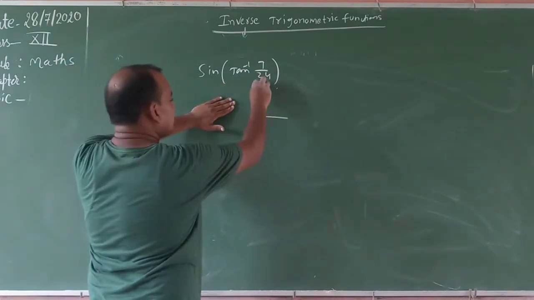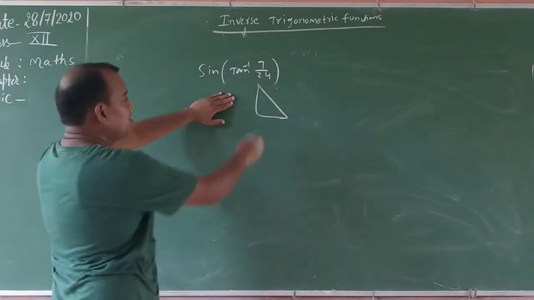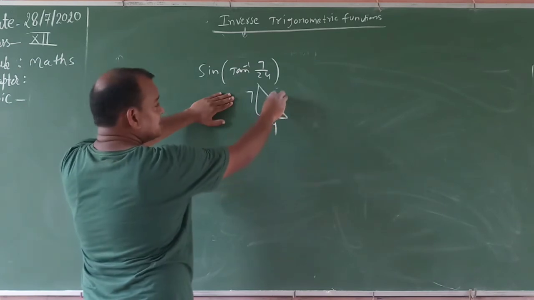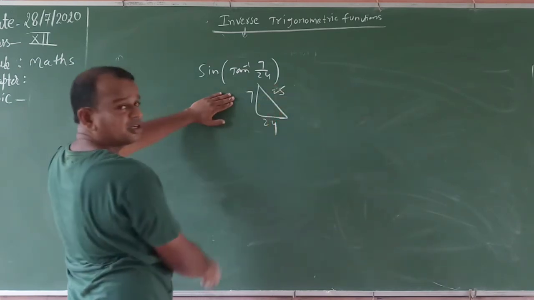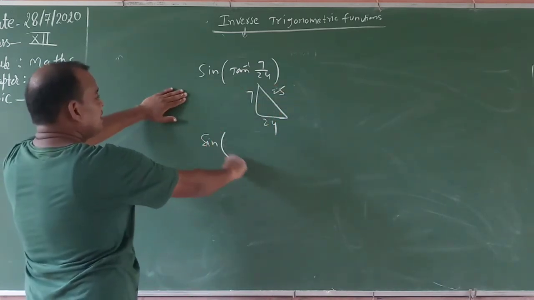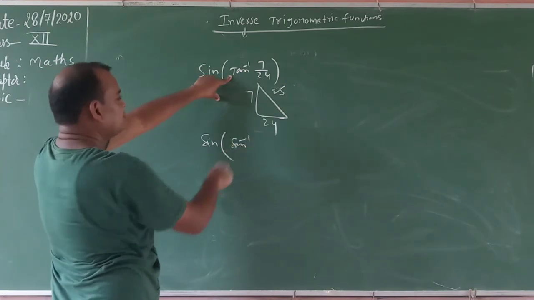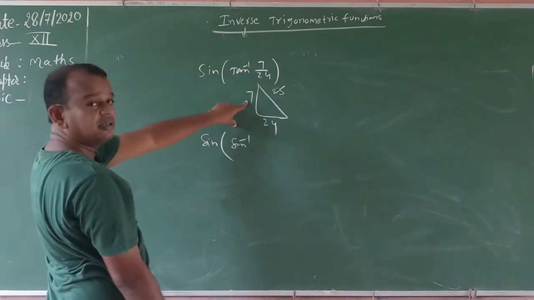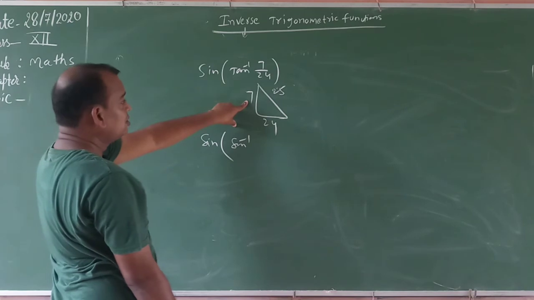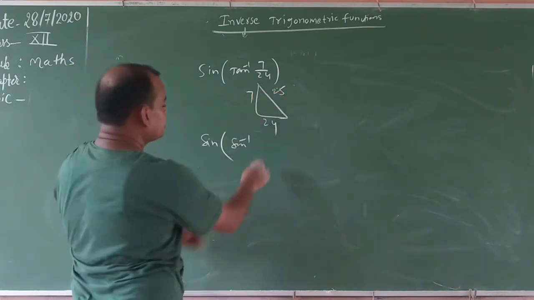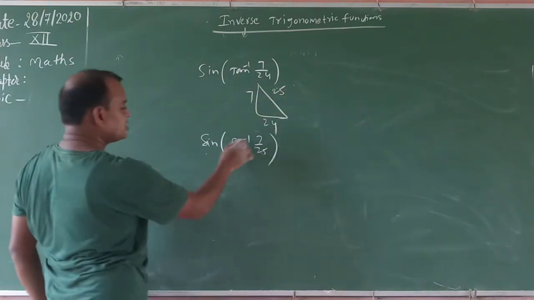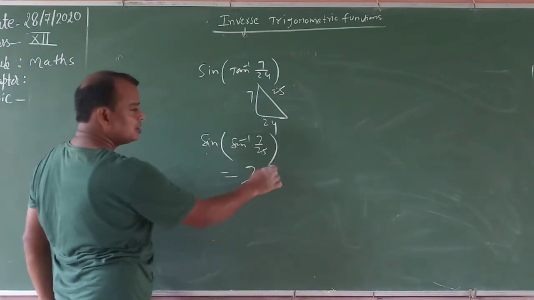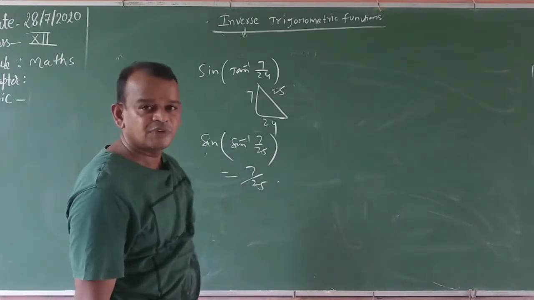Now we take the right angle triangle. This is 7, this is 24, and this is 25, since 625 means 25. Now sin of tan inverse means sin is opposite side by hypotenuse, 7 by 25. What is the answer? 7 by 25. Say yes or no?